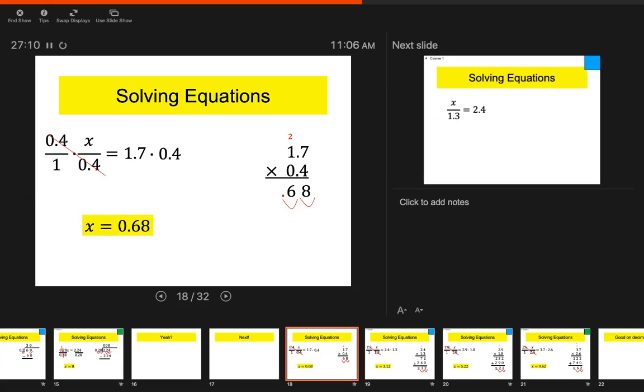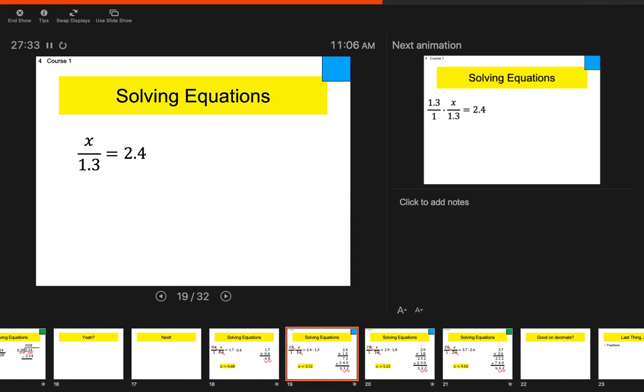Don't forget your x. Okay, x equals 0.68. How'd you get 0.68? We got 68. There are 1, 2 decimal places. For multiplication, remember we always move it from right to left. So we move it 2 decimal places to the left.